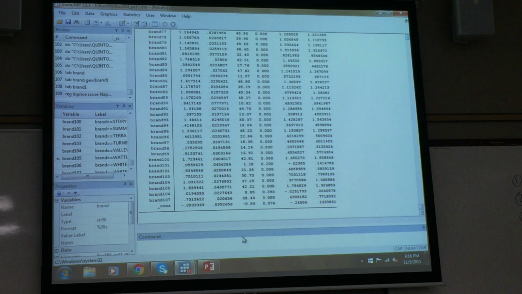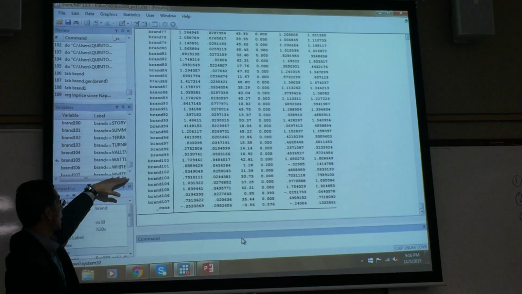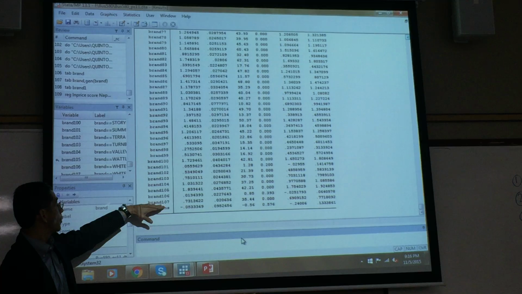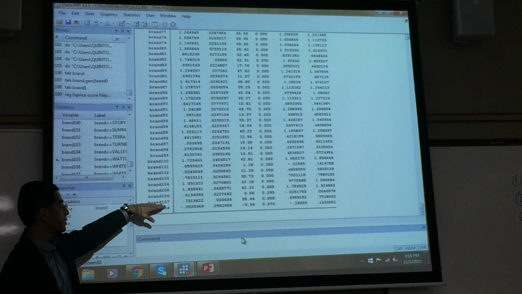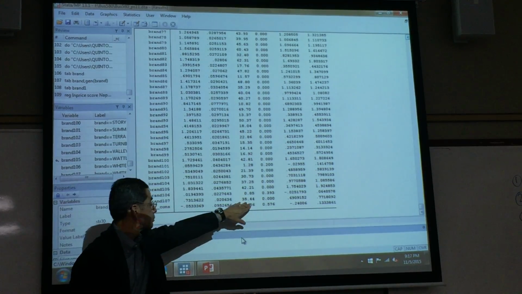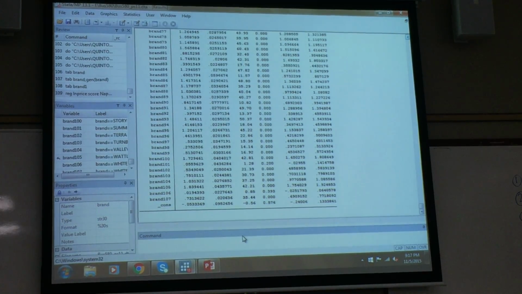So brands are always a difference, but a difference from what? The first brand, the default, which is Andretti. So it's how much more value brand 107, Whitehall Lane, has relative to Andretti. And it has a positive and significant coefficient.